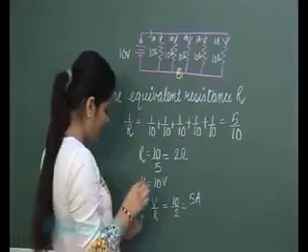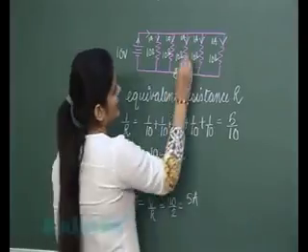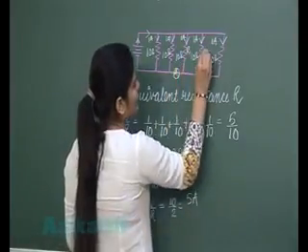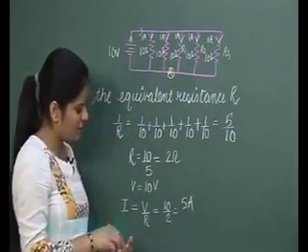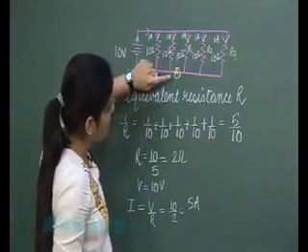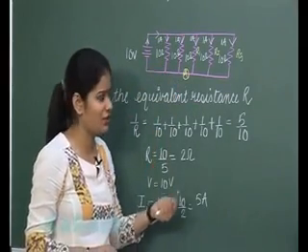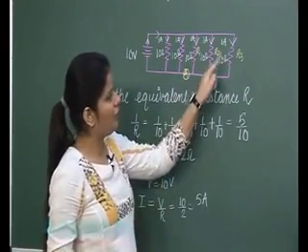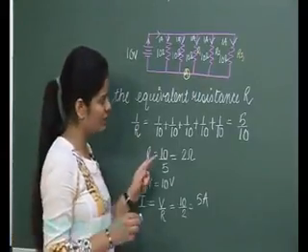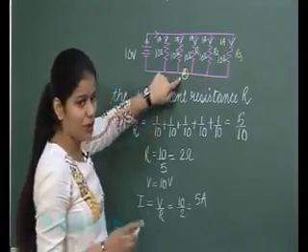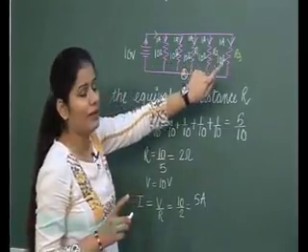Now student, if I name these three resistances as R1, R2 and R3, we can see here that this ammeter is connected in series combination with the parallel combination of R2, R1 and R3. So student, this ammeter will read the current flowing through R1, R2 and R3.